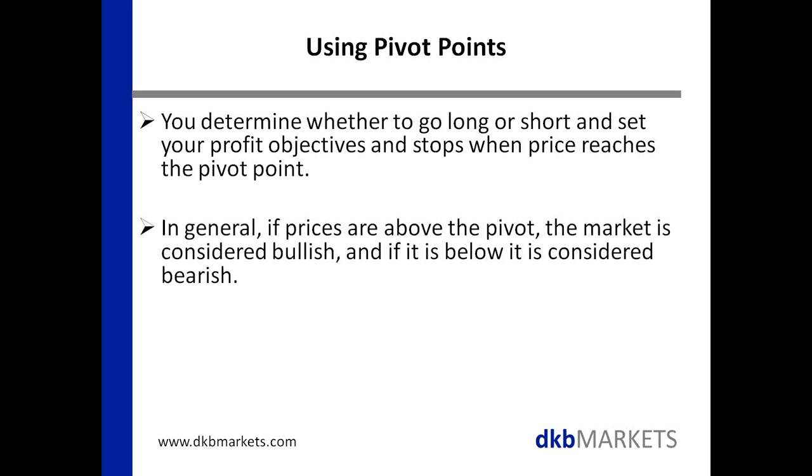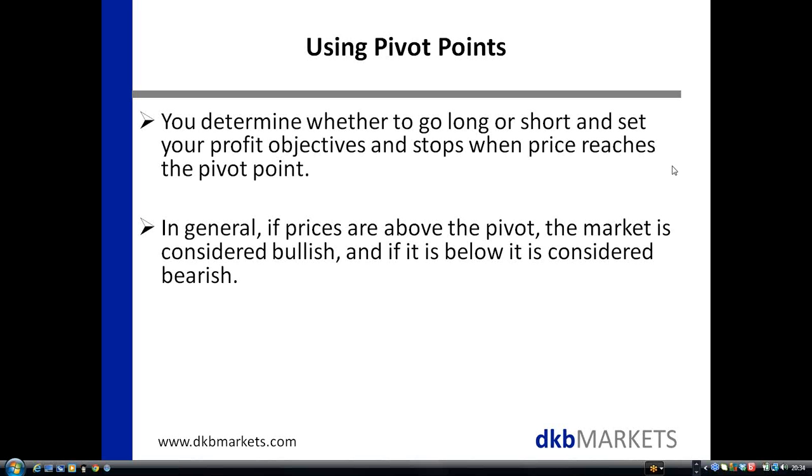So in general, if the price of the market is above the pivot point, the market is considered bullish, or going up. And if it's below the pivot point, it is considered bearish, or the market is going down. Again, I'll just repeat.